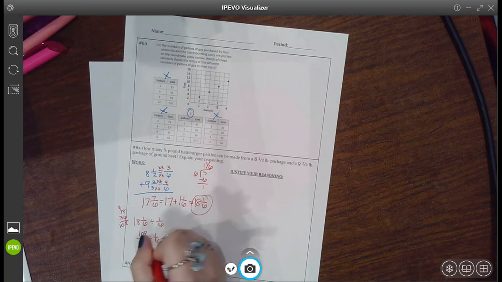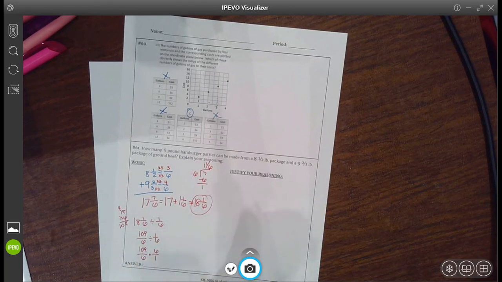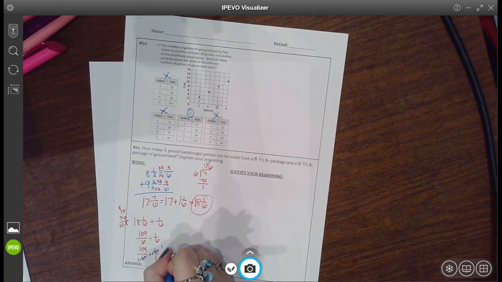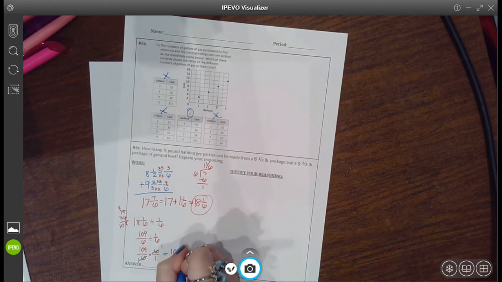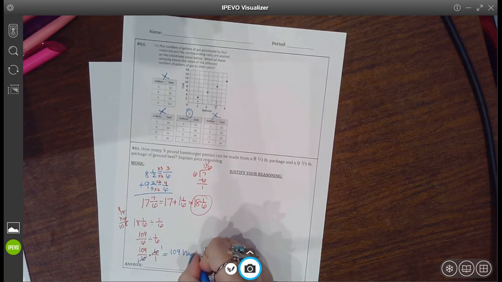Divided by 1/6. Keep, change, flip. That's actually much nicer than I was thinking. Those cross cancel and become 1. And 1 times 109 is 109 over 1. So just 109 hamburgers is how many I can make.